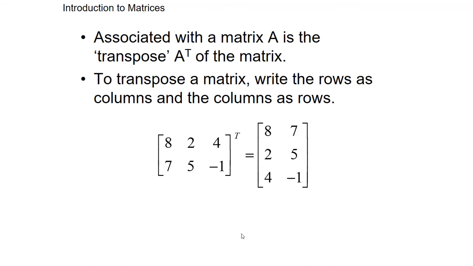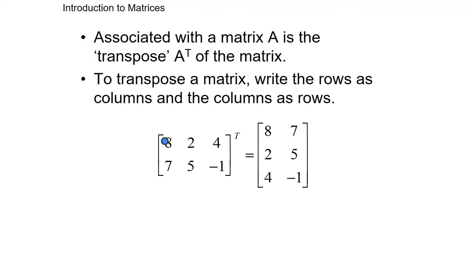If we have a matrix, one thing that we can calculate is the transpose of a matrix. So to transpose a matrix, we write the rows as columns and the columns as rows. To say we're taking the transpose, we write a little T in this position here, and you can see our first row has become the first column, the second row has become the second column.